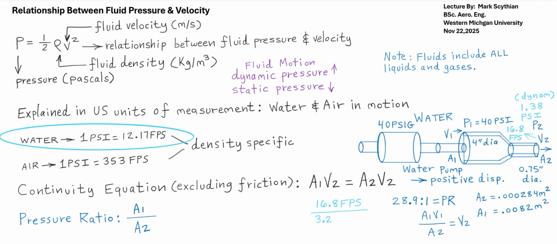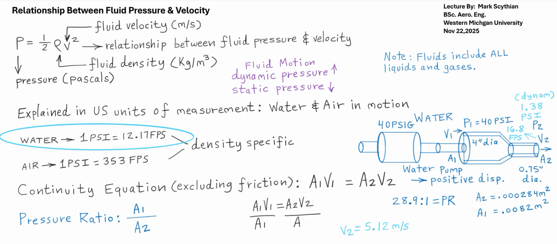So then we can just simply solve for the V2 using the continuity equation, or we could also divide it into the pressure ratio, but we'll just stick with the continuity equation. So if we solve for V1 algebraically, we get A2 times V2 divided into A1.